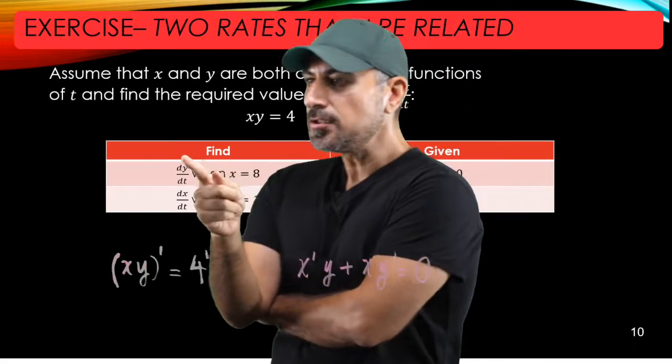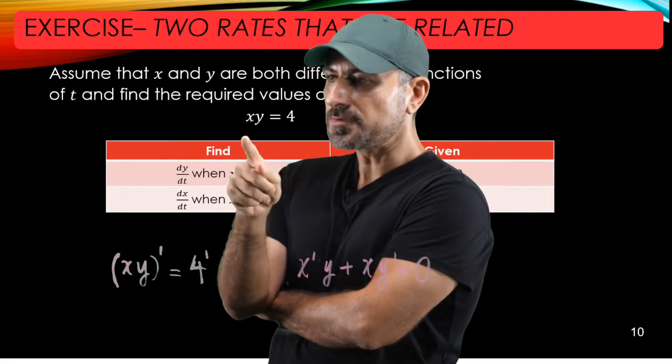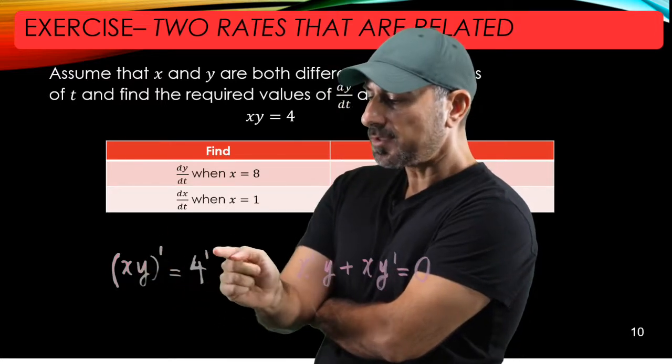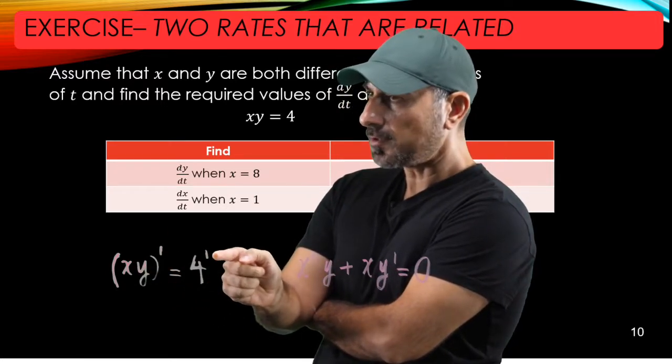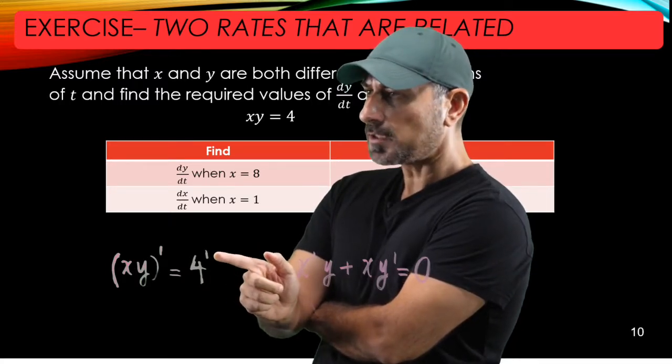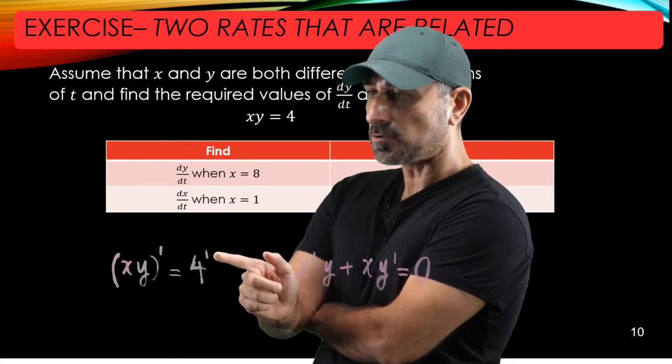All right, when we took the derivatives of both sides of the equation, which is the implicit differentiation, we put a prime here and a prime here, but make sure that you are aware of what prime means here. It's in fact the derivative with respect to time.